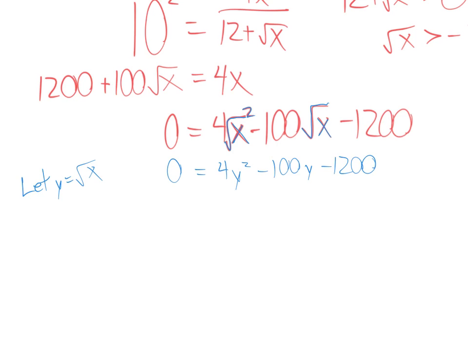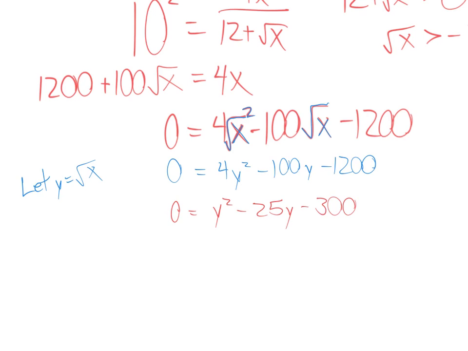Because everything's a multiple of 4. So we got 0 equals y squared minus 25y minus 300.